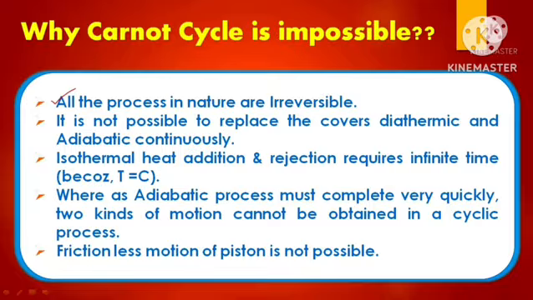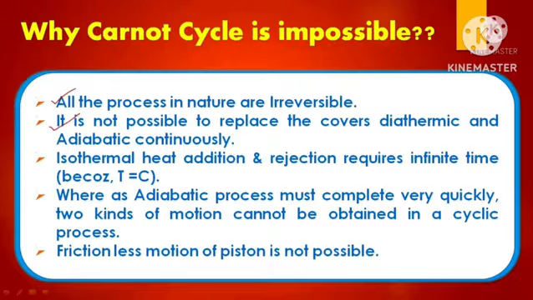Second point, it is not possible to replace the diathermic and adiabatic covers continuously. As the cycle is running at high speed, diathermic and adiabatic covers cannot be replaced within fractions of seconds, which is impossible. And the third point, isothermal heat addition and rejection require infinite time.